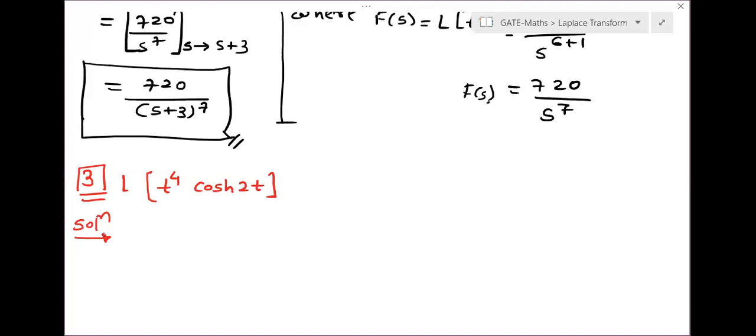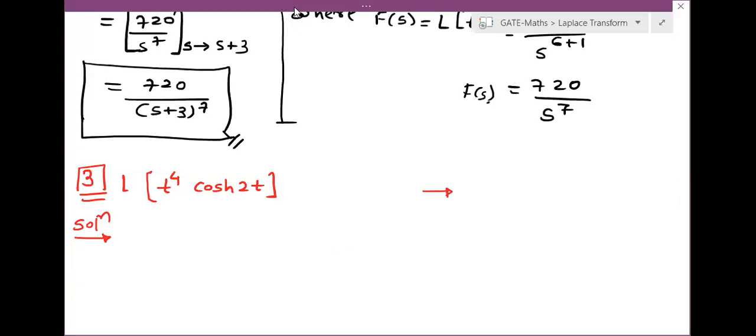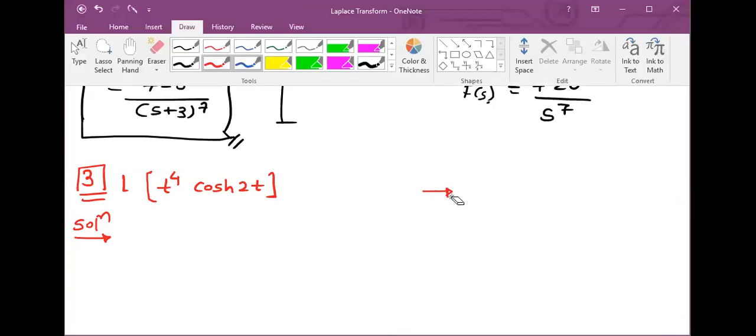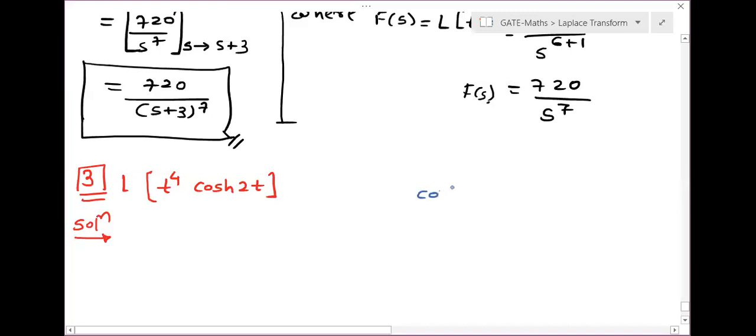First, we will write the formula of cos hyperbolic. So what is the formula of cos hyperbolic? In the formula of sine hyperbolic, it is e to the power t minus e to the power minus t by 2, and for cos, it is plus, isn't it? I have given this formula in the starting only. So the formula of cos hyperbolic 2t will be equal to e to the power 2t plus e to the power minus 2t divided by 2, isn't it?